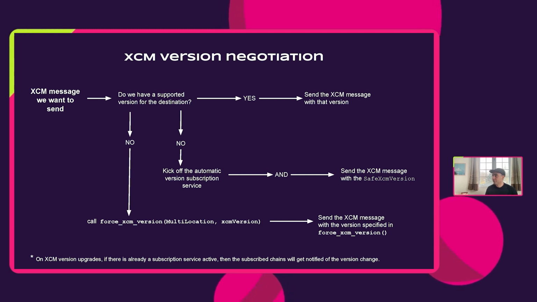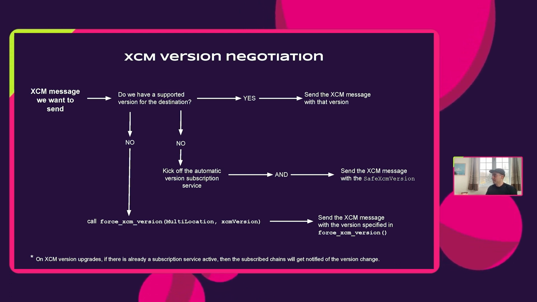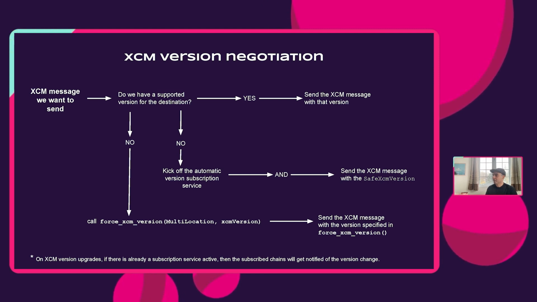Another scenario, if we don't know the latest XCM version that they support, is to use an extrinsic. There's an extrinsic called force XCM version, and we pass it the destination and the XCM version that we want to send the XCM message in to that destination, right? So you could think of this as more of a proactive scenario.